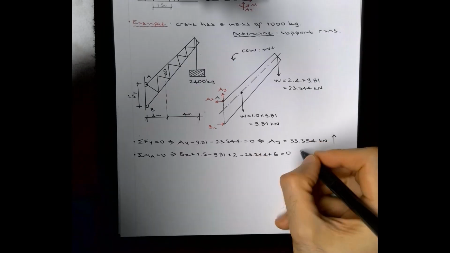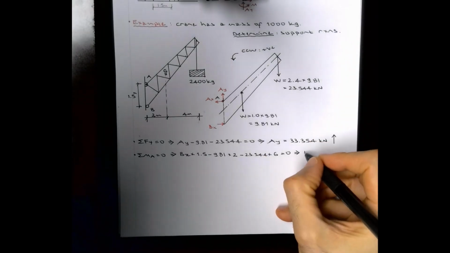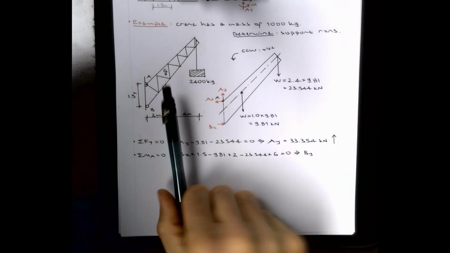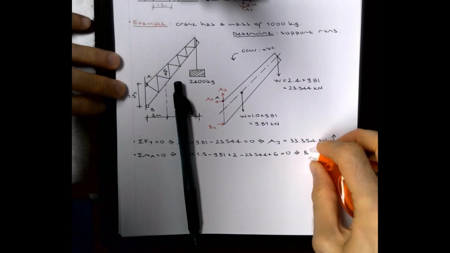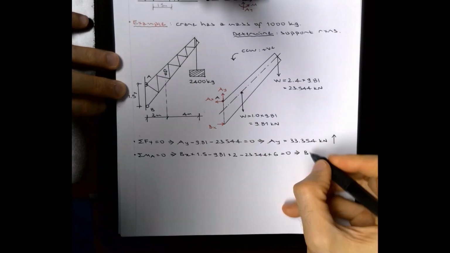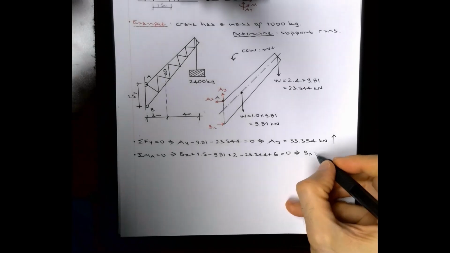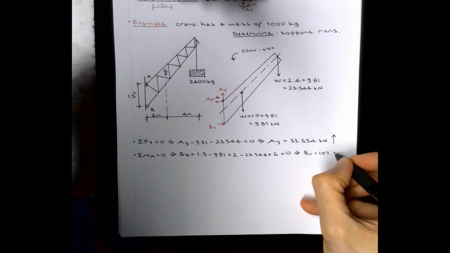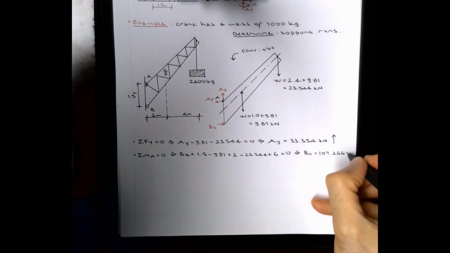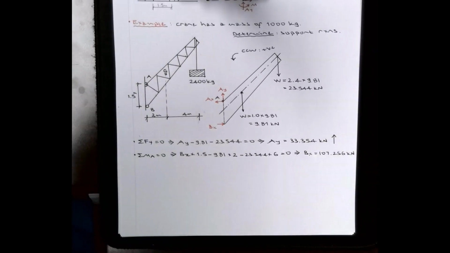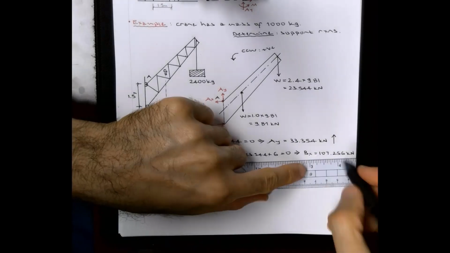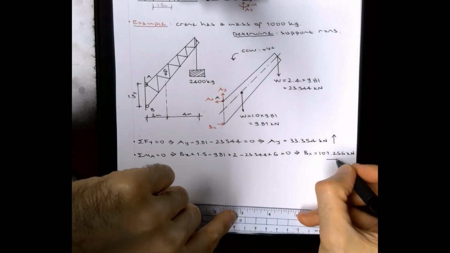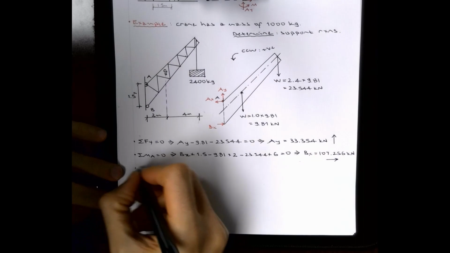So based on this, BX will, I keep writing BY, there is no BY in this question, BX, if you do this, it's going to be 107.256. It came out as positive, meaning that what we assumed was correct. That is good.